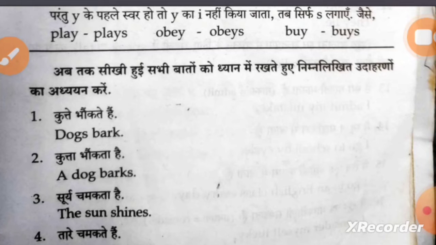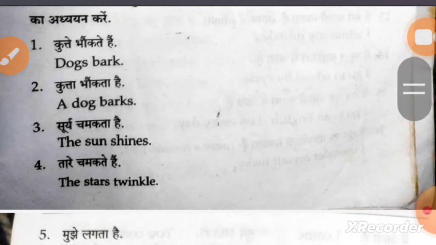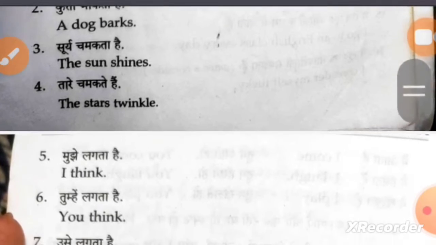Before I came to Delhi, I had been teaching English. It means this in simple words.